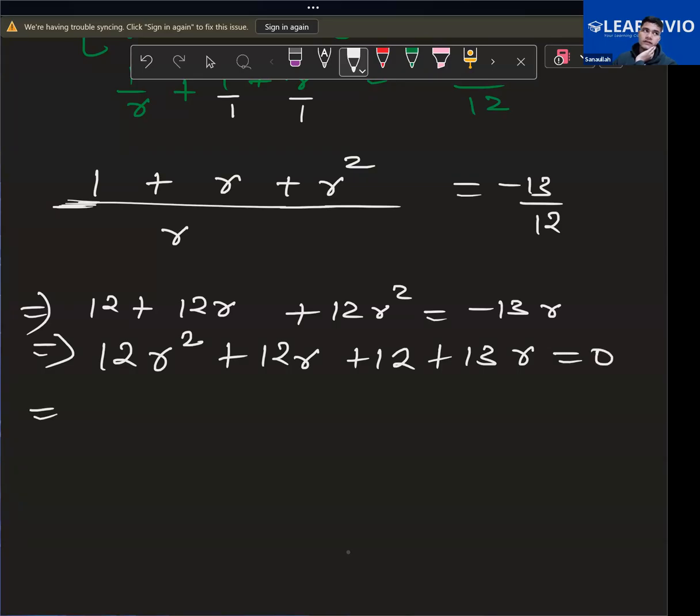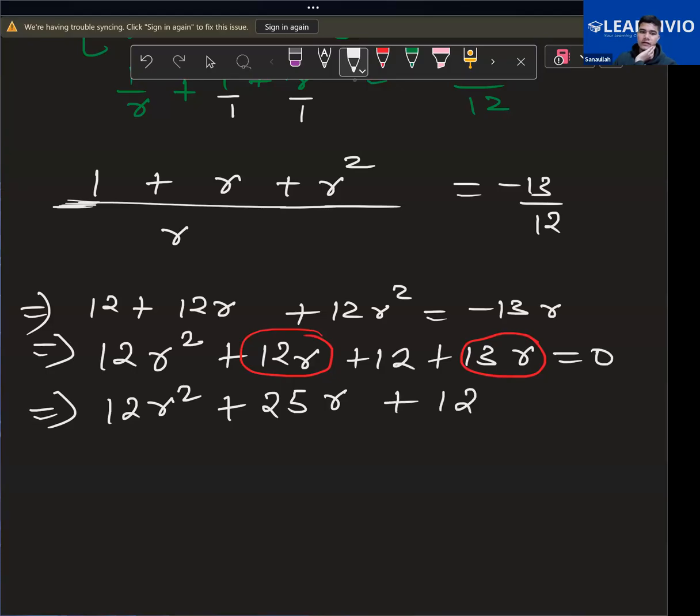So this is 12r square plus this 12r and this 13r. These are like terms, so we can add this. So this is 25r plus 12. So I'm getting this, right?